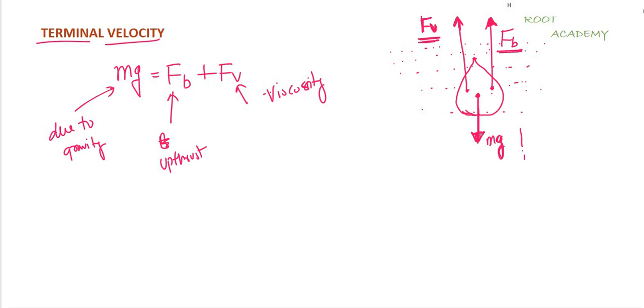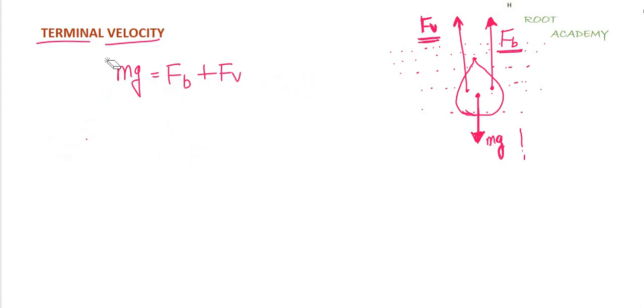There will be a point in equilibrium where all three forces will balance each other. After that point, the speed of that object or the water drop will not increase anymore, and we can say that the drop has achieved terminal velocity.